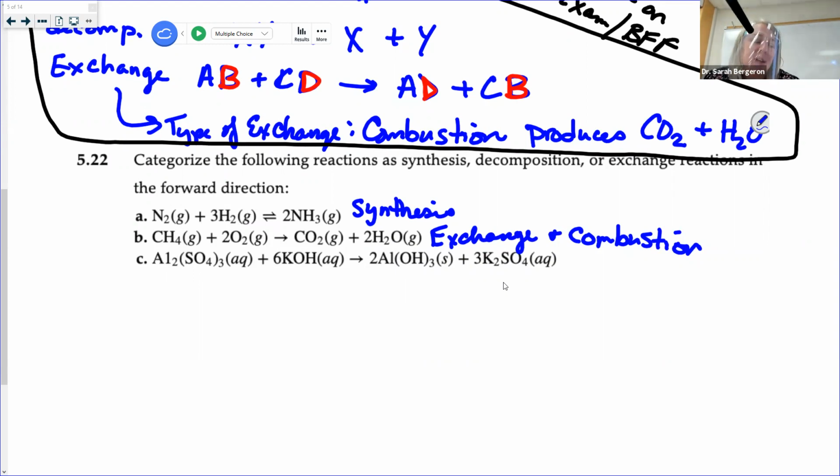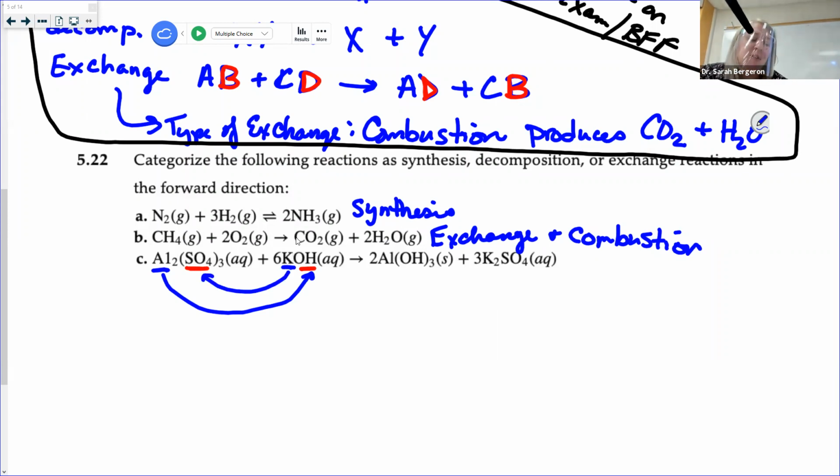What's happening in C? Aluminum's a metal, potassium's a metal, right? My SO4, that's a polyatomic. My OH is a polyatomic. They're nonmetals. So what happens is they trade partners, right? So the aluminum now interacts with the hydroxide, and the potassium now interacts with the SO4, right?